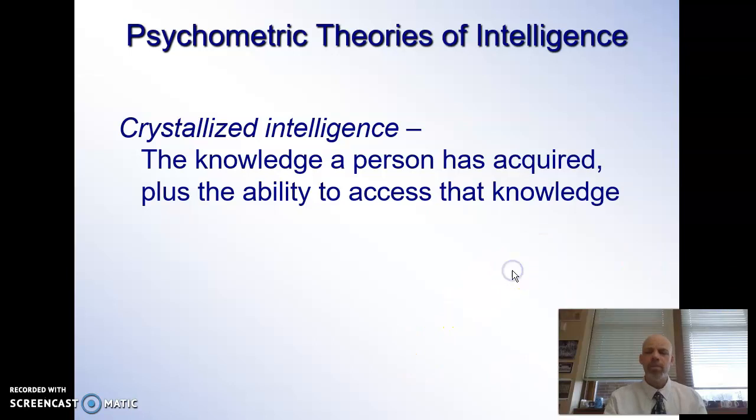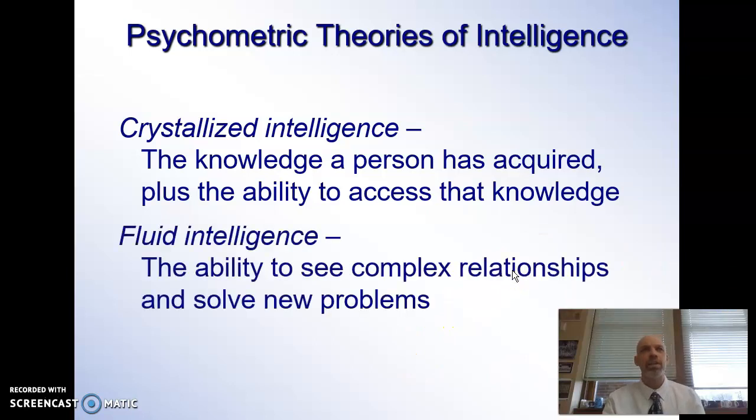But what if I'm playing a game like a board game that's a strategy game? Now I might need more fluid intelligence. This is where I see relationships in that game, new problems that unfold in that game, and I have to figure out different ways of solving that problem or interacting with another player in order to further my own strategy. So that's fluid intelligence.